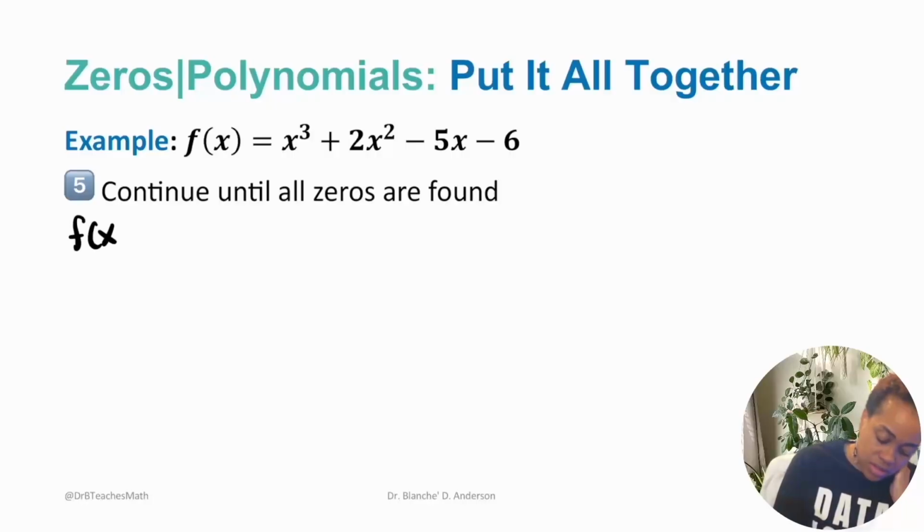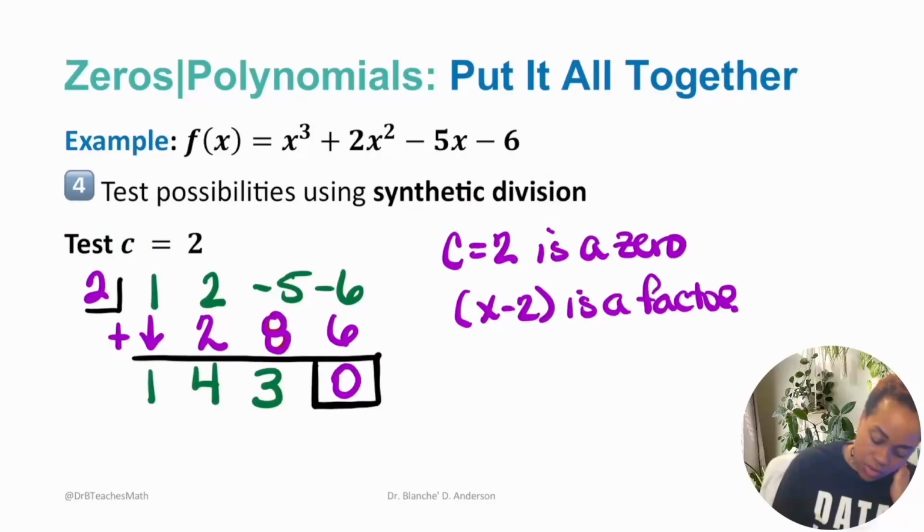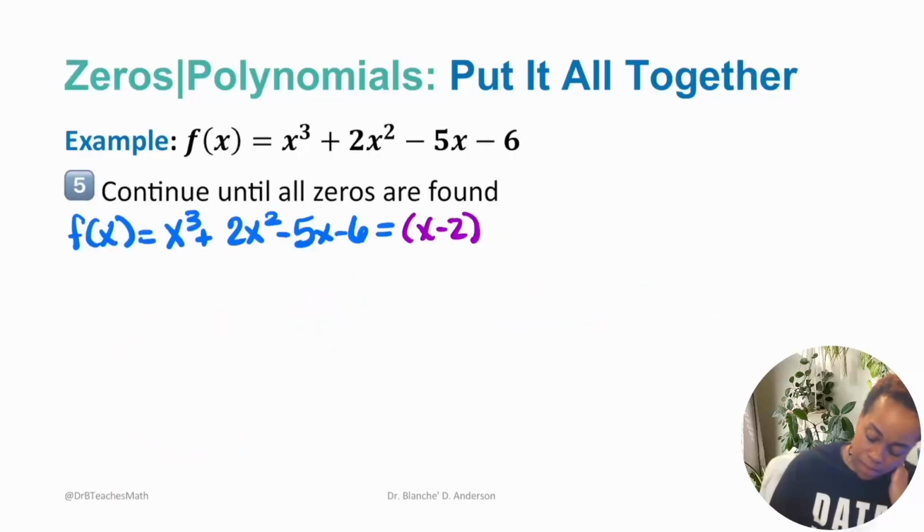So f of x, x cubed plus 2x squared minus 5x minus 6, we can write that as our x minus 2 times what? Remember, whatever's left over here, we started with cubed, so it goes down to squared. So this is x squared plus 4x plus 3.